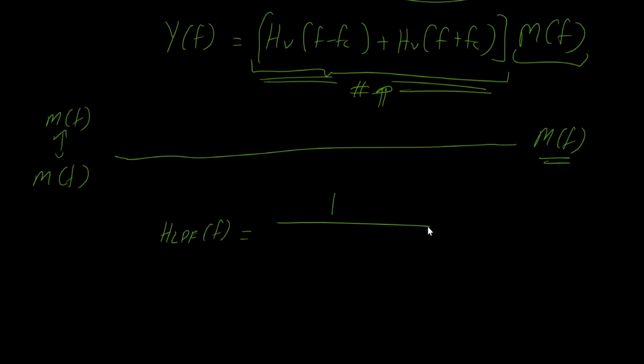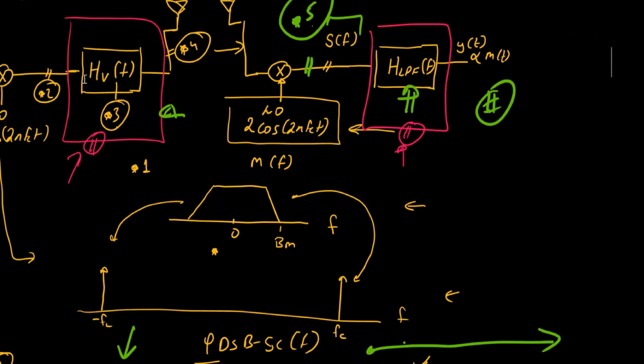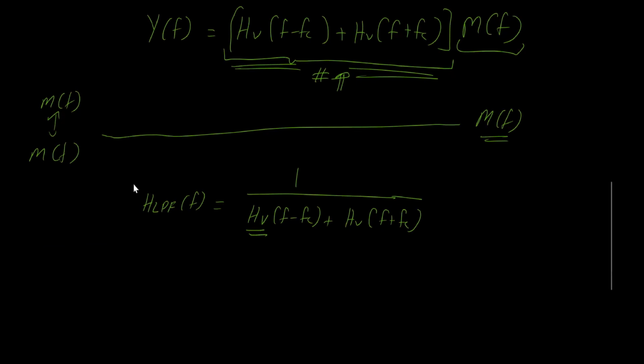This is basically the reciprocal of this expression, that is Hv of f minus fc plus Hv of f plus fc. So Hv of f is this filter, and the low pass filter H_LP of f is basically linked with the vestigial filter at the transmit side by means of this expression.